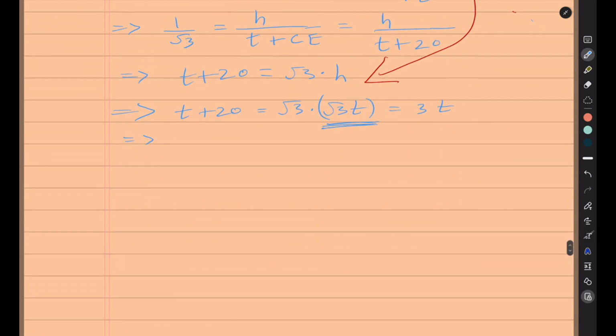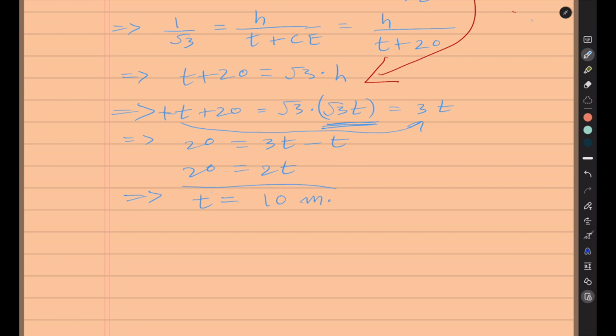It means 20 is equal to 3T minus T, because we have shifted this T to this side, so it is minus T. So 2 times T is 20. It means T is equal to 10 meters.